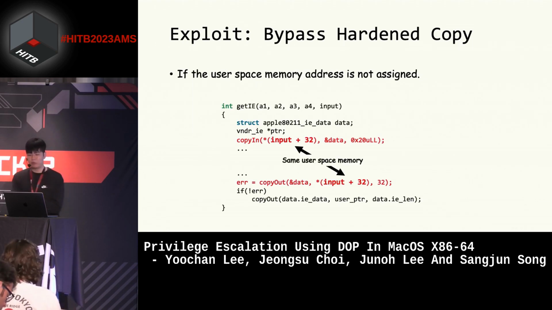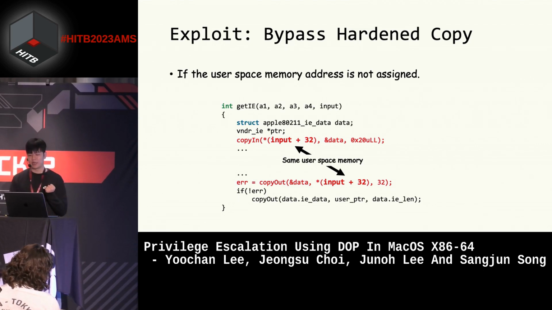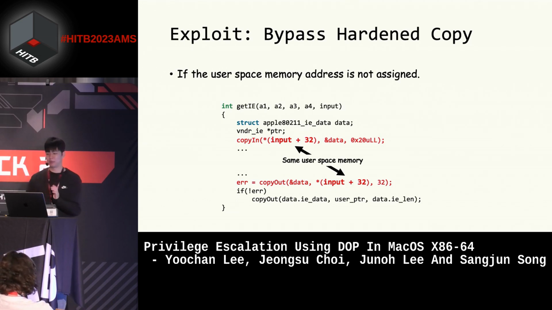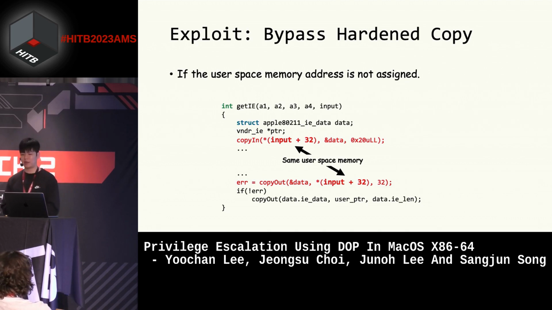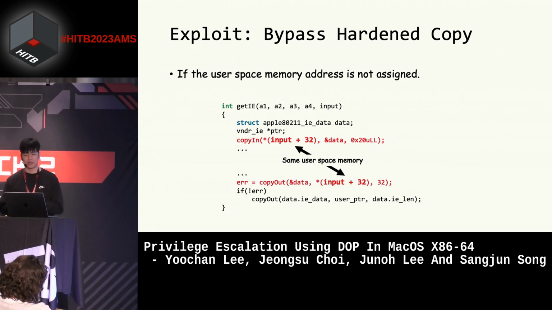For the first case, we determined it is not applicable to our bug. This is because the getIE function first executes the copyin function to the same memory space as the argument of the copyout function, so that the memory must be assigned.